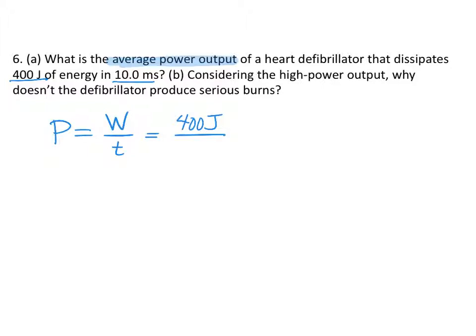Dissipating energy means work. Transferring energy is a better way to say it, and 10 milliseconds is 10 times 10 to the minus 3 seconds. And so this is pretty simple: 4 times 10 to the 4th watts, which would be, what, 40 kilowatts.